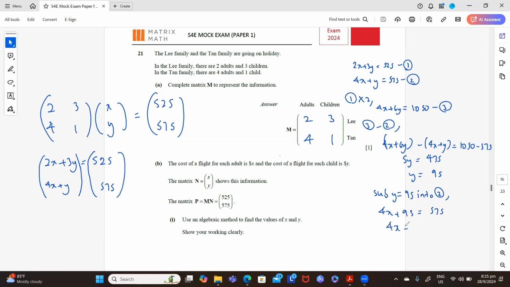So 4x equals 480. x equals 120. So x equals 120, y equals 95.